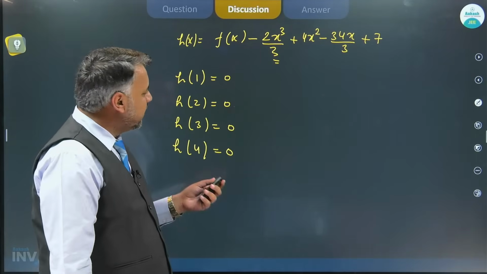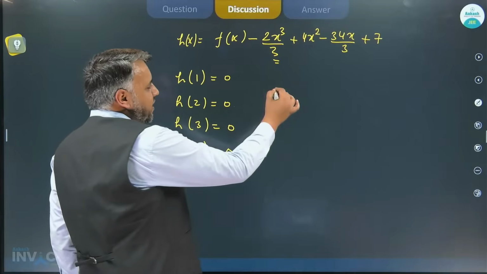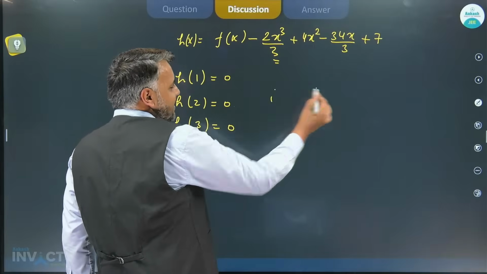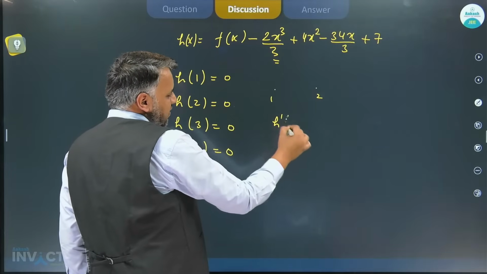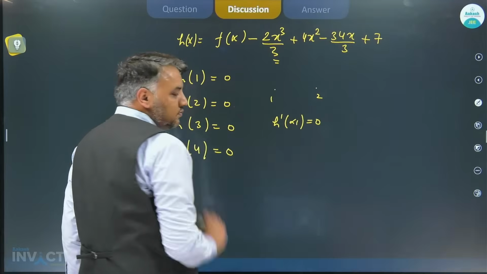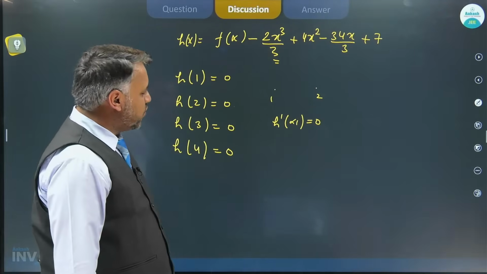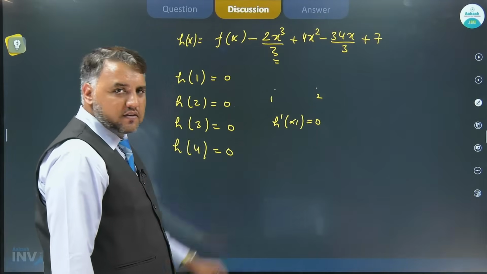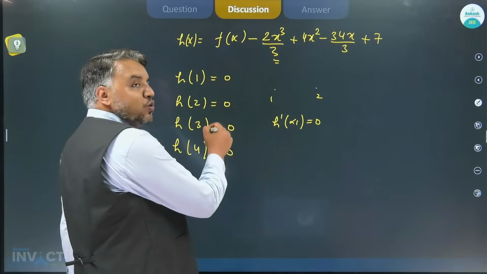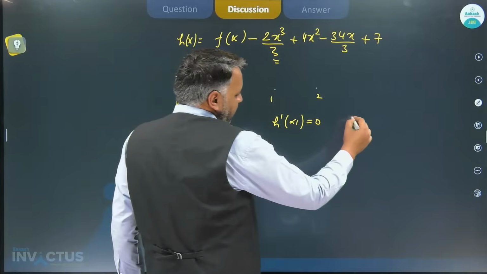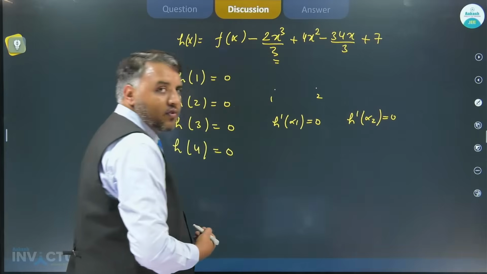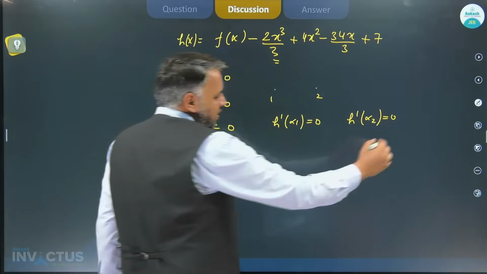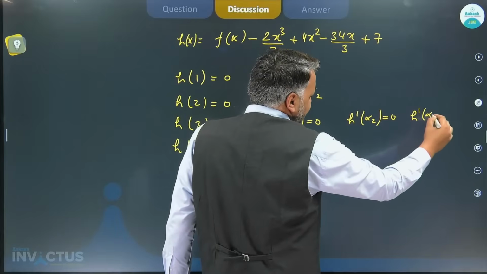Okay. Now in the interval 1 to 2 we can apply Rolle's theorem, so h dash alpha 1 must be 0. In the interval 1 to 2 there will exist at least one alpha 1. Again in 2 to 3, applying Rolle's theorem we'll get h dash alpha 2 is 0. In 3 to 4 there will be a point where h dash alpha 3 is 0.